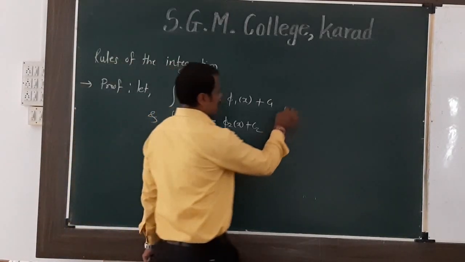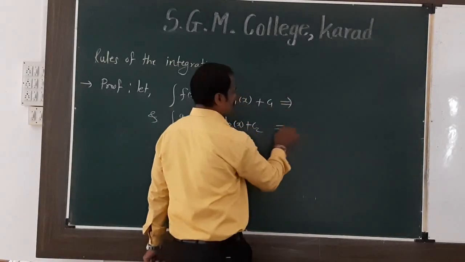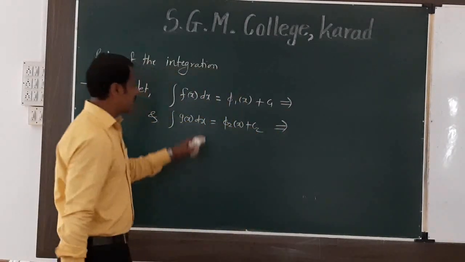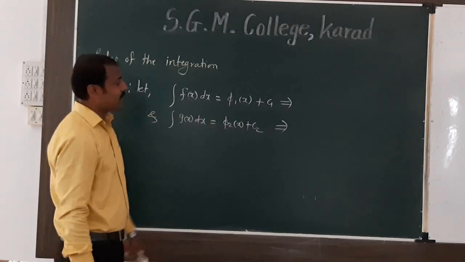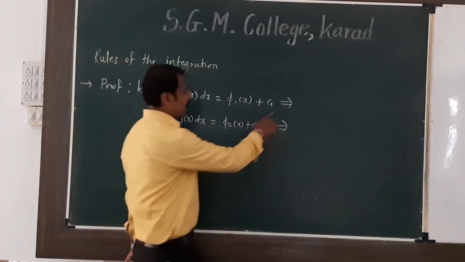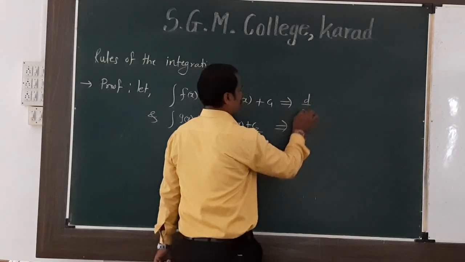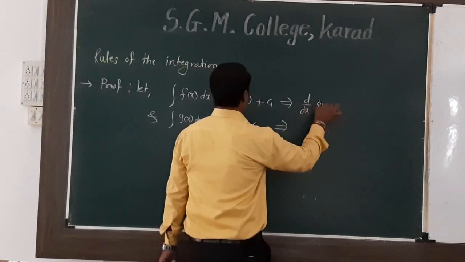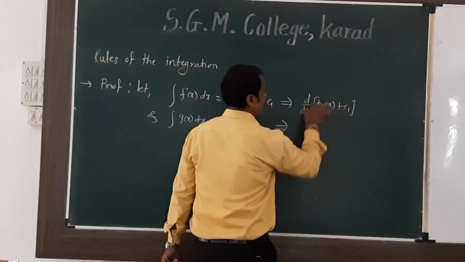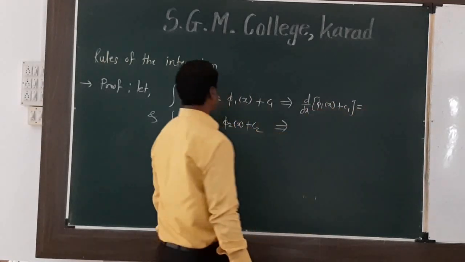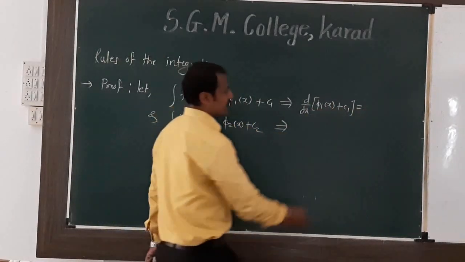We are moving to the definition of derivative. Integration of f of x dx is phi 1 of x plus c1. It means that d/dx of phi 1 of x plus c1 is equal to f of x.